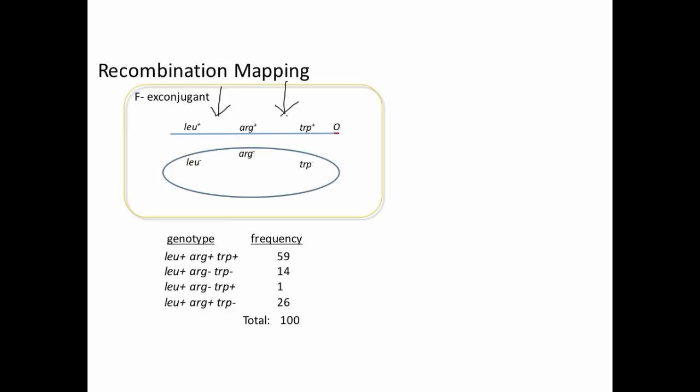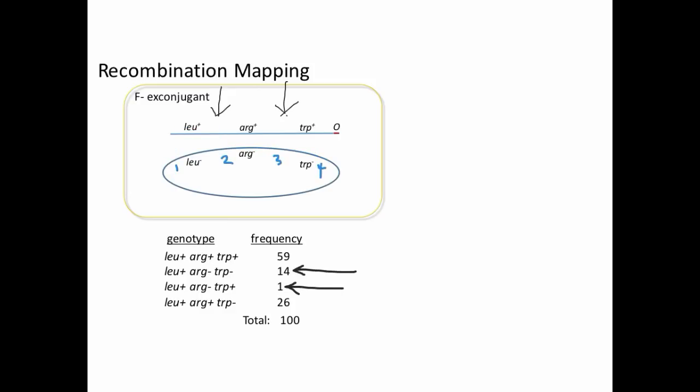And so that would be this class and this class. If we look at this first class, it's Lu plus Arg minus. To result in that, we would have to have a crossover at 1 and 2. That's the only way we would have the genotype Lu plus Arg minus Trp minus.